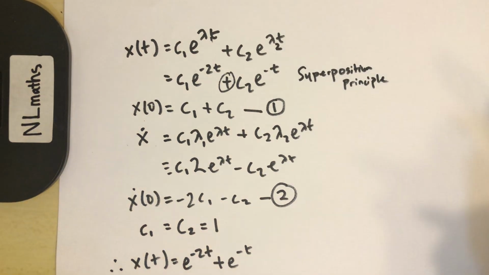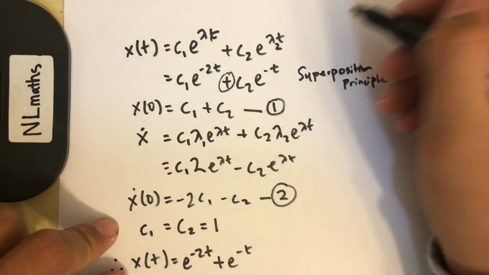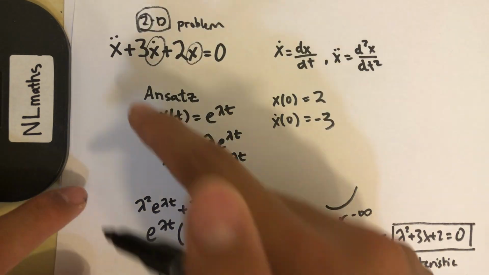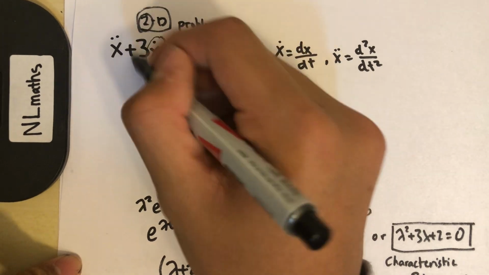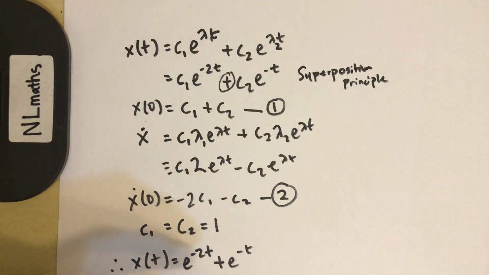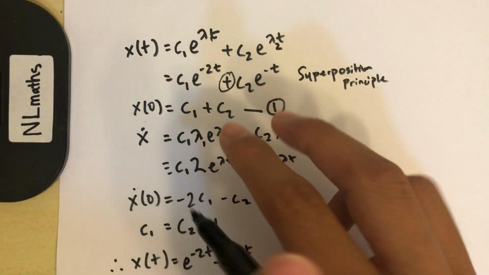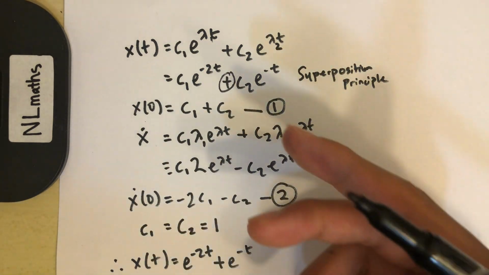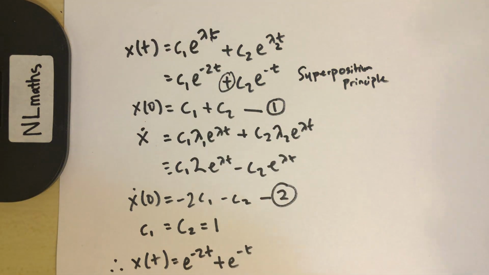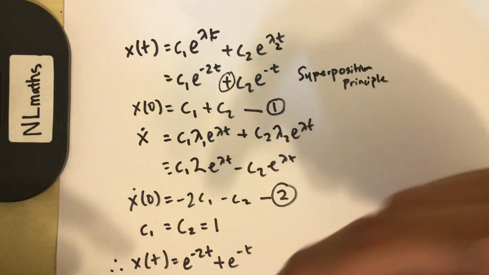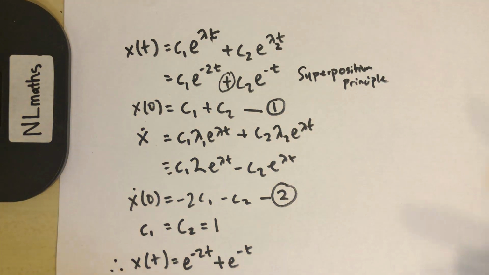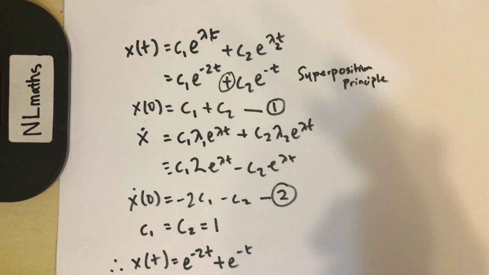The superposition principle states that for any linear system, a linear system is like a straight line, something that does not include sines, cosines, or anything to the power of, which is exactly what we see here, no powers, just coefficients, then all the answers to the differential equation can be added together, and that would still hold to be a solution to the equation. It's like when two waves add up, you can have a bigger amplitude. That's the superposition principle. So that's why we can add the two up.